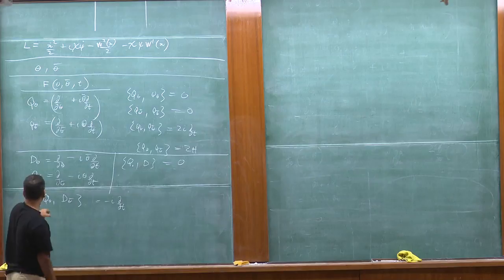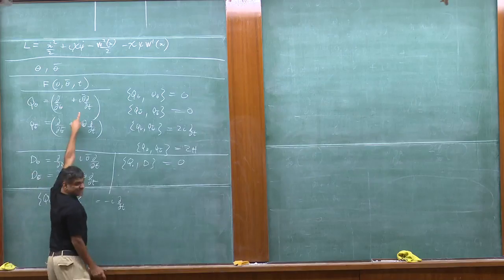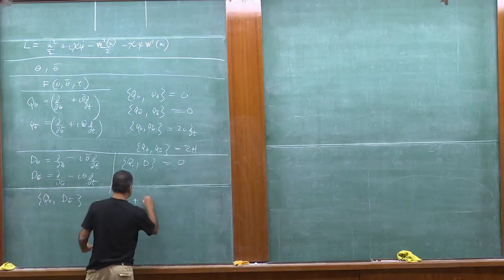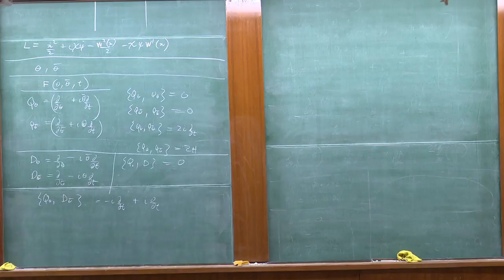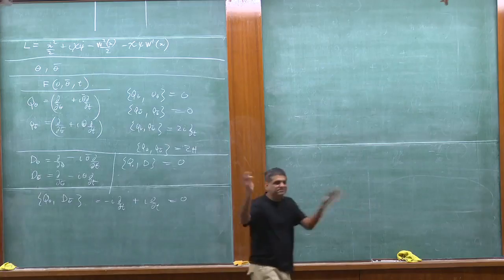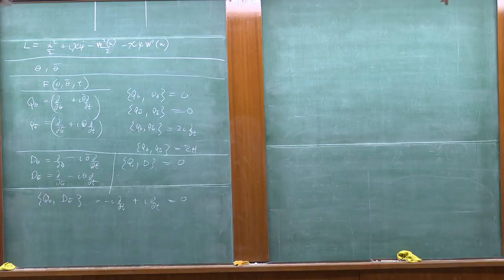But we will also have a term where this guy hits that, and that will be plus i ∂/∂t. Because one came with a plus, one came with a minus. And so we get 0. And all the other facts can be proved similarly. All clear?